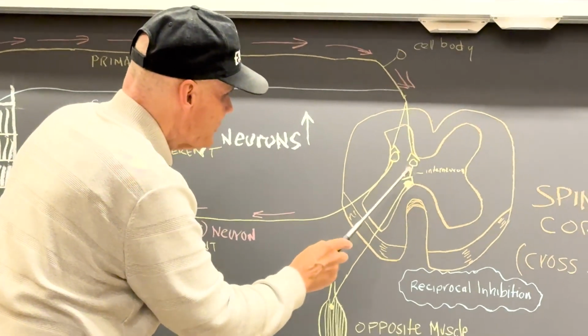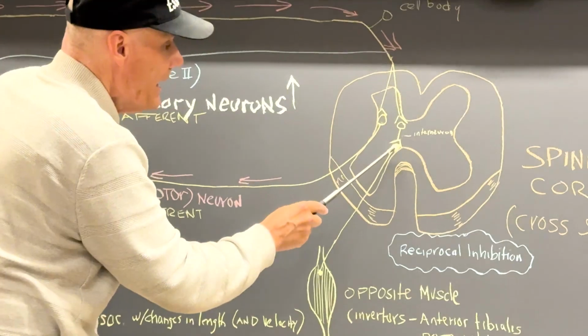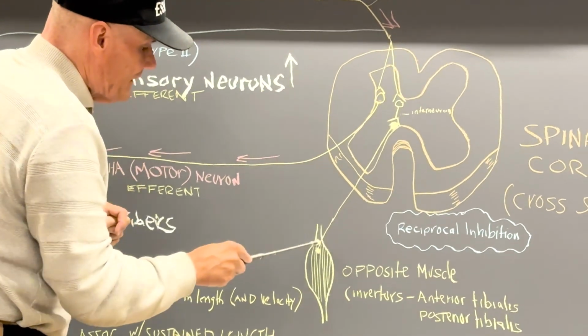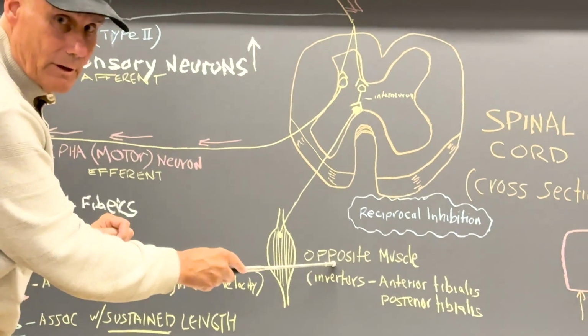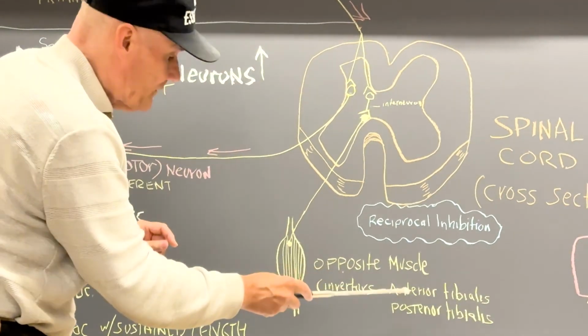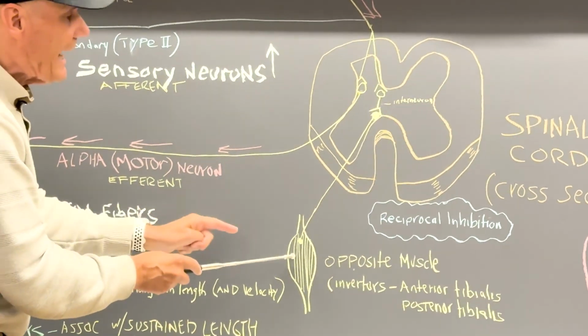This interneuron actually helps this sensory neuron communicate with this efferent nerve fiber, and that sends a signal to the opposite muscle, the inside of the ankle, what we call the tibialis anterior and the tibialis posterior, and that causes the muscle to relax.